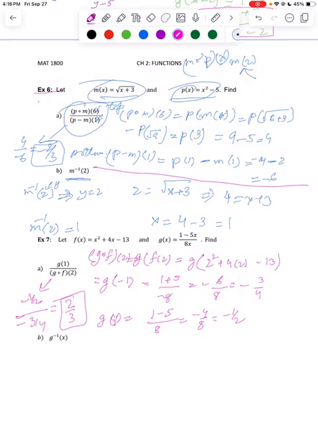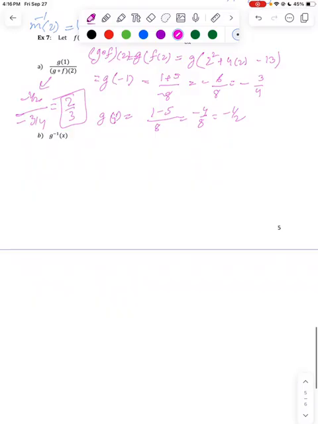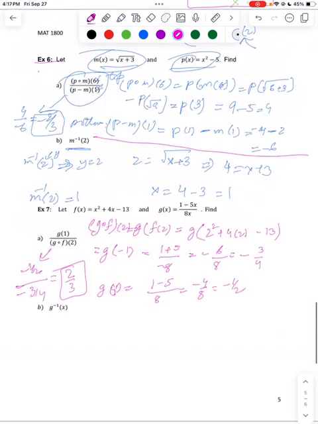Now in this one, it's asking you to find g inverse of x, not at a number, but in general. So what is the g function? I will start by replacing the g of x by y.